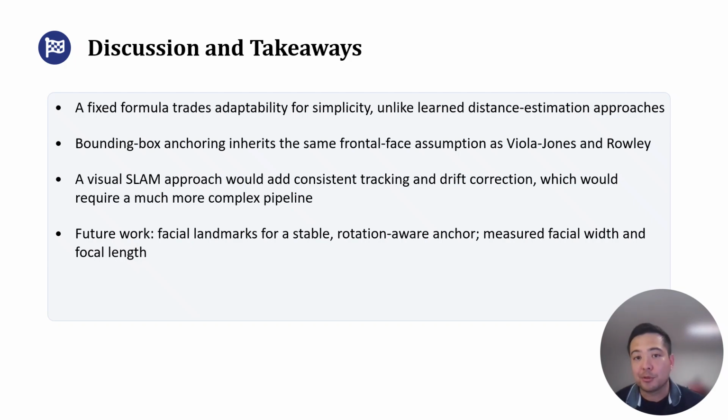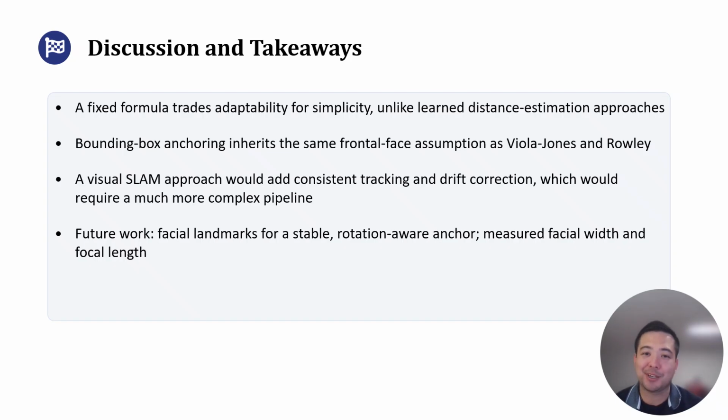Unlike a learned approach, which could adapt, but would have its own different limitations. The rotation issue connects to a bigger idea found in a visual SLAM survey from one of our previous readings. SLAM systems solve this kind of drift with persistent tracking across frames, but that's a much more complex pipeline than what was built here.